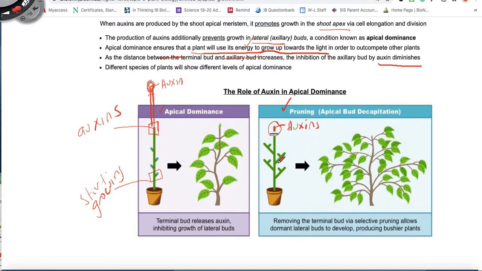That is going to allow the other lateral axillary meristem tissue to allow the plant to grow more branches and more leaves. You probably already know about pruning, and how you need to prune your plants to allow them to grow bushier, with more branches and more leaves. So you are stopping that apical dominance of just trying to grow tall, long, and slender towards the light.